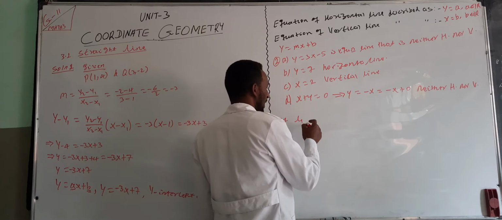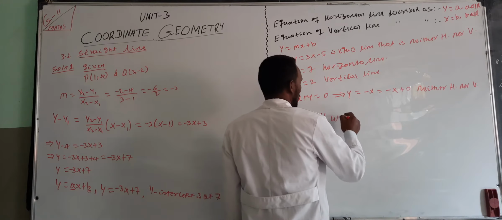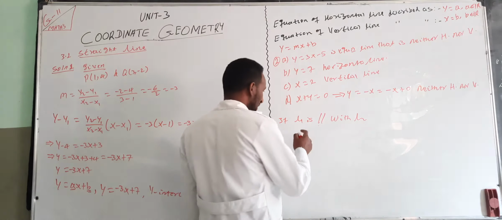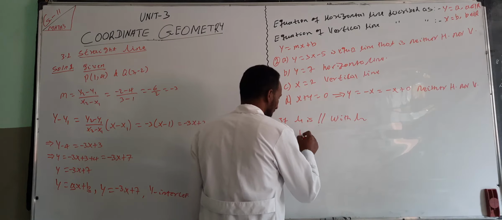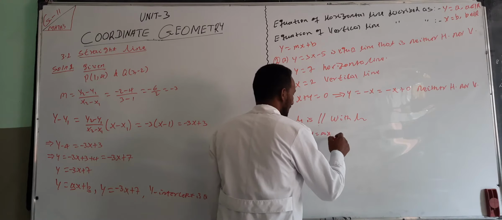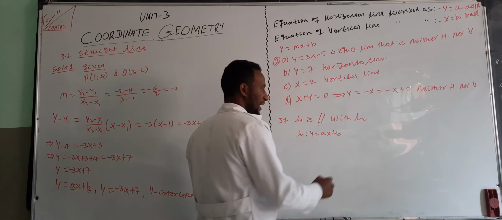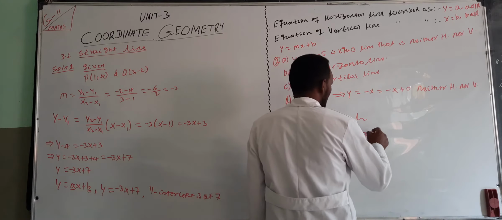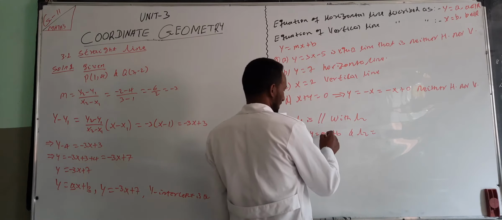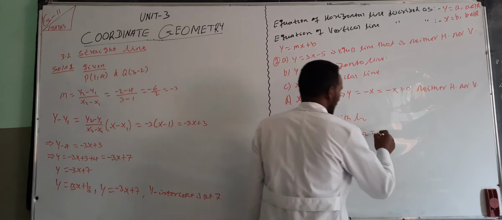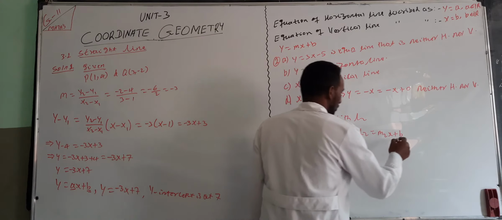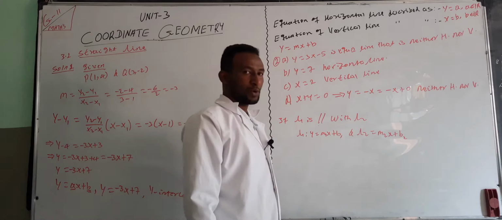If L1 is parallel with L2, take the equation of L1 as y = m1x + b1 and L2 as y = m2x + b2. Here m1 and m2 are the slopes, and b1 and b2 are the intercepts.